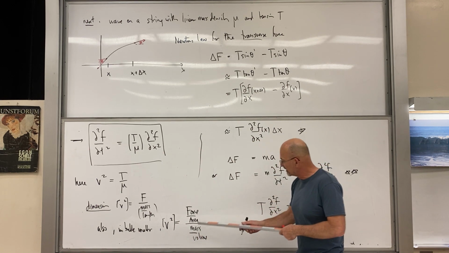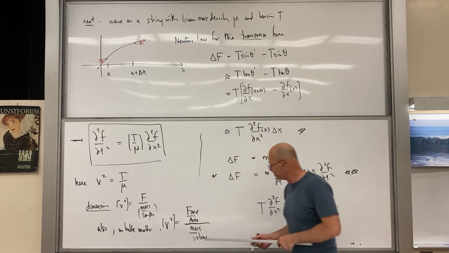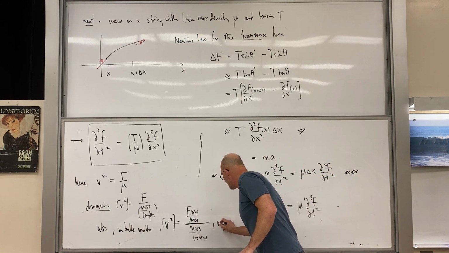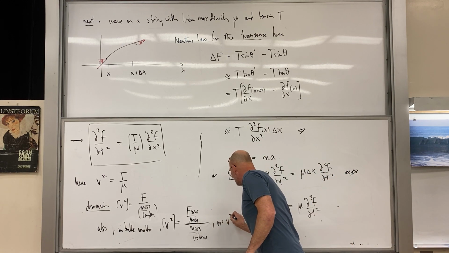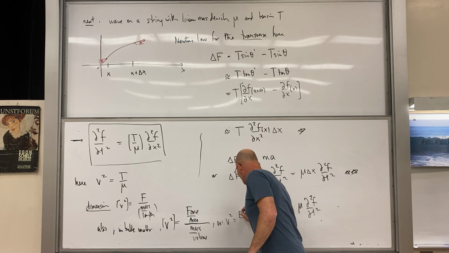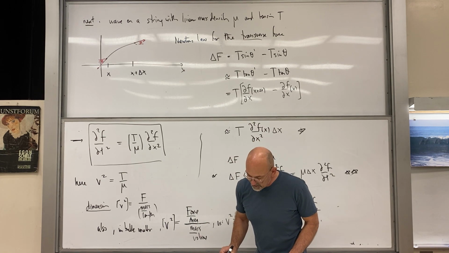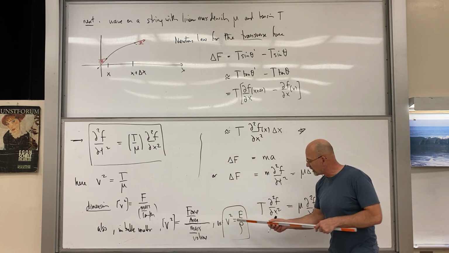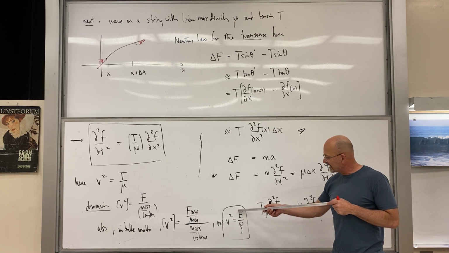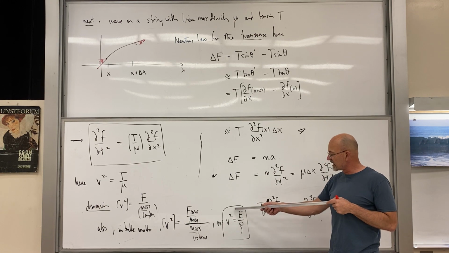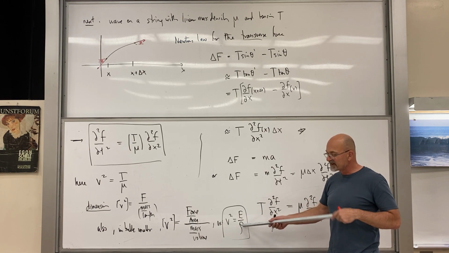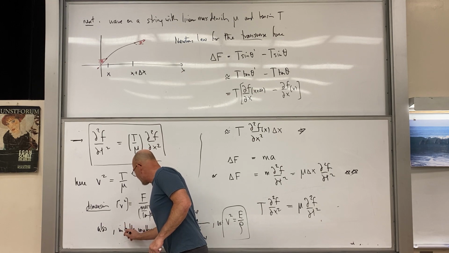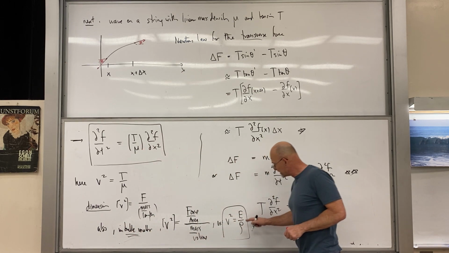So force per area divided by a mass per volume, same dimensions as before. And the example would be v squared is equal to, say, E over rho. Well, now we're getting into a different science, but I'll put this here anyway. This is an example from solids where E is the bulk modulus. Okay, not the electric field, the bulk modulus, and rho would be the density. So that's in bulk matter. A wave propagating through a solid can have this.